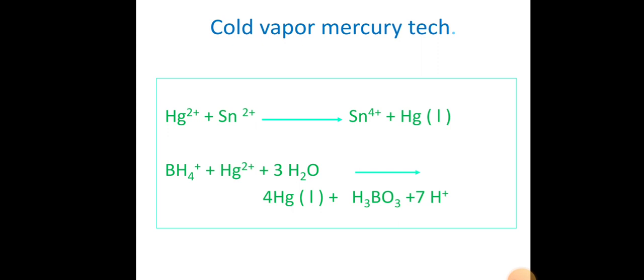For this reason it is called cold vapor mercury, because its vapor doesn't need any temperature. You don't need any flame or other temperatures. You just measure the absorbance of the vapor after reducing the ionic mercury to elemental mercury.